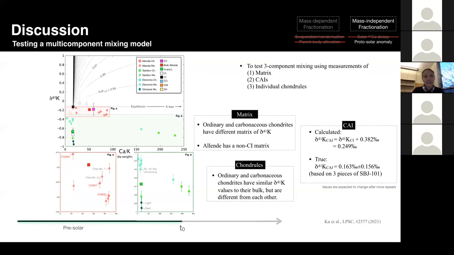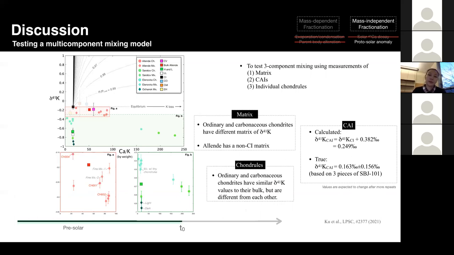On the right-hand side, we have chondrules from two ordinary chondrites, Elenovka and Saratov. They also show values similar to their matrices, despite Elenovka actually having a heavier composition than the average ordinary chondrites.